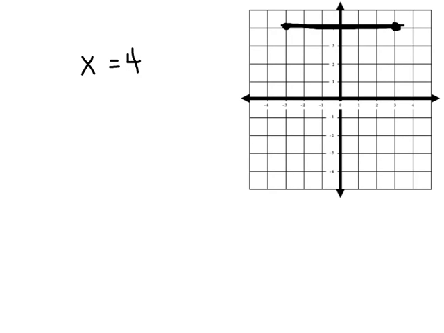We say the slope is undefined because there really isn't a slope. There is no slope. We can say there is no slope because this is a vertical line.